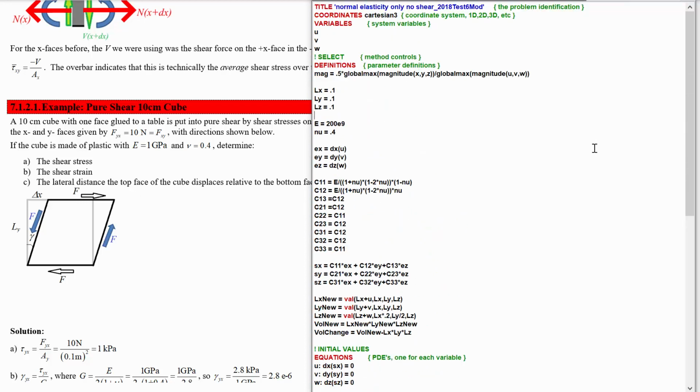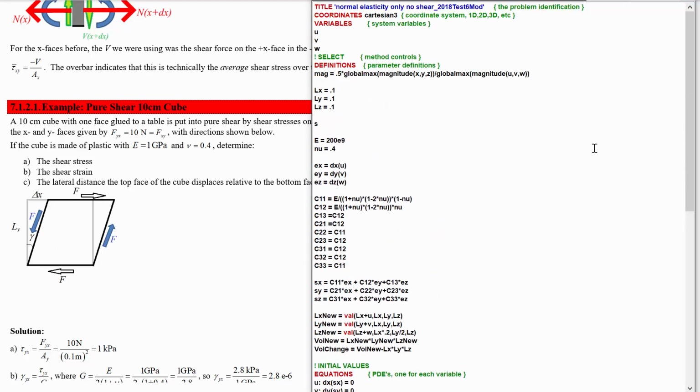And we can apply the loads that we're looking for already. So we had to have a stress of 1 kilopascal. Maybe we'll call this S applied. It's not actually case sensitive, so the capital A doesn't matter here.